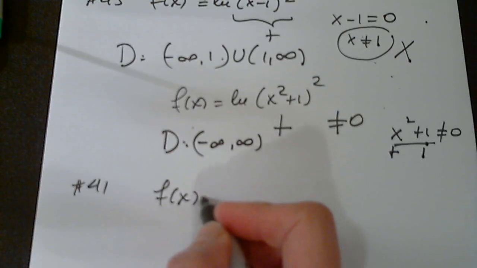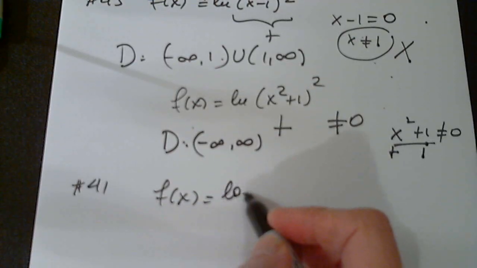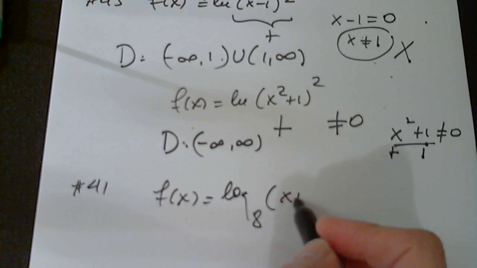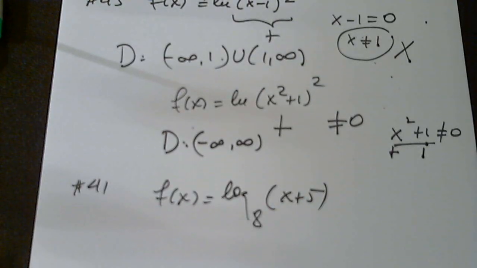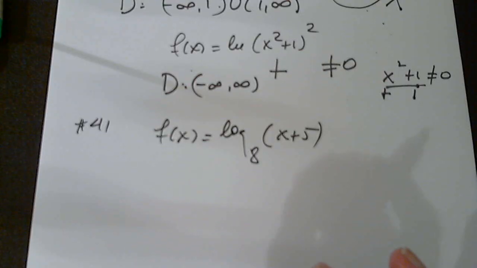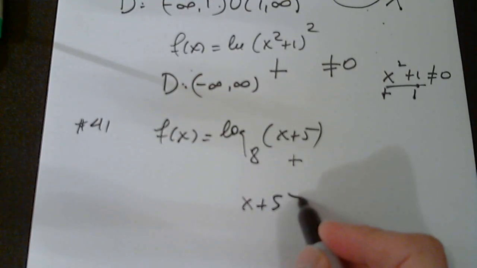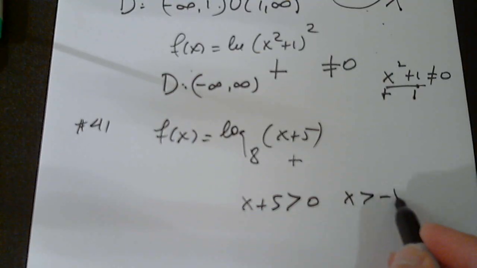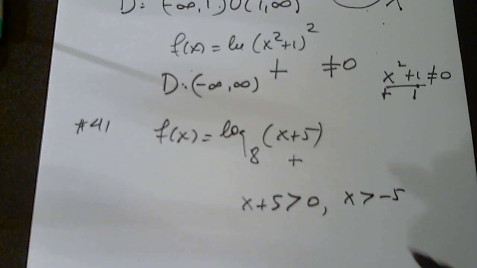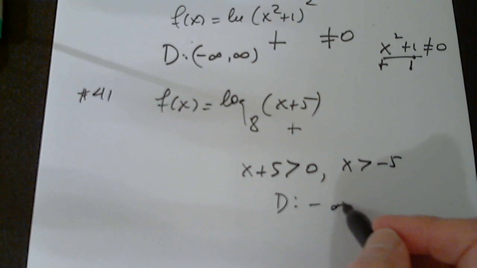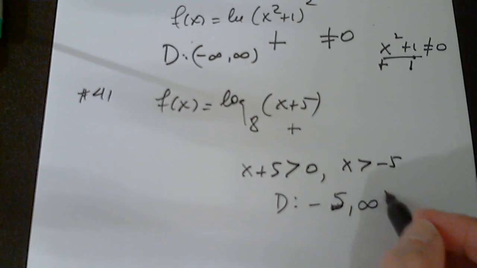41, f of x equals log base 8 of x plus 5. This is a nice one. No trick here. They're not trying to trip us in any way. This has to be positive. So x plus 5 greater than 0, or x greater than negative 5. So domain negative 5 to infinity.